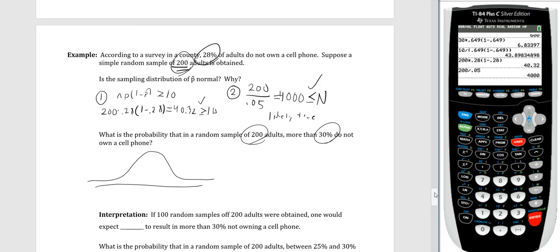With the values given, we have that the mean is 0.28, so that's what is provided down there. But we also need to know what the standard deviation is. The standard deviation we have yet to calculate. Standard deviation is going to be the square root of 0.28 times 1 minus 0.28, divided by 200.